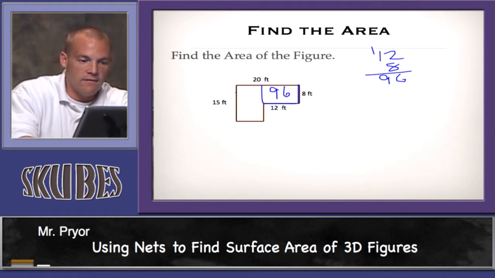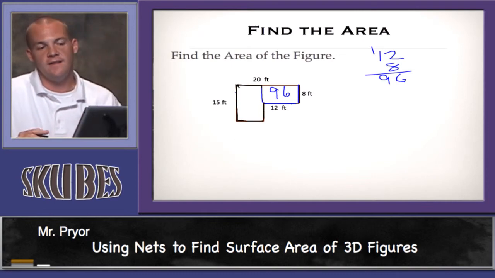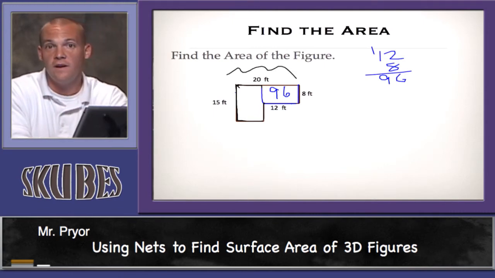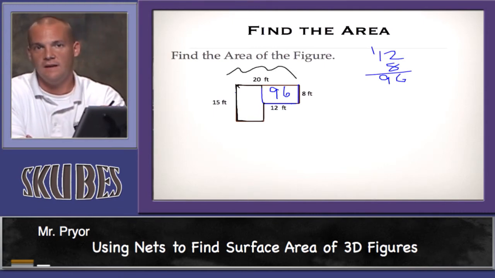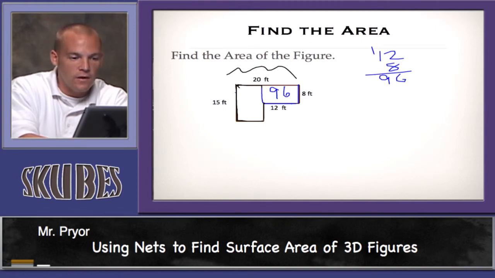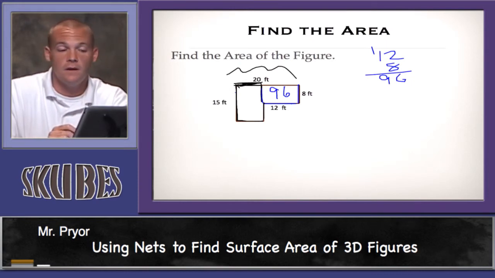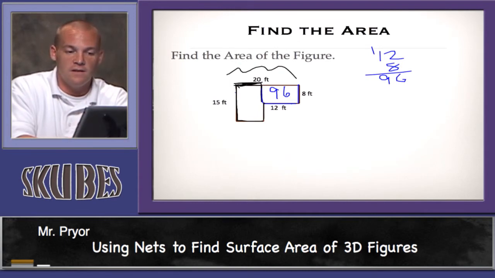All right, but you also have this area over here that we need to find still as well. Now this one isn't quite as easy because you'll notice that this entire side right here is 20 feet. Well, we don't need 20 feet. We only need the distance from where we cut it off right here. So we just need this distance right here. And to find that, we're just going to do a little bit of subtraction. Notice our 12 feet dimension right here goes and then stops at that wall, the wall that we made.